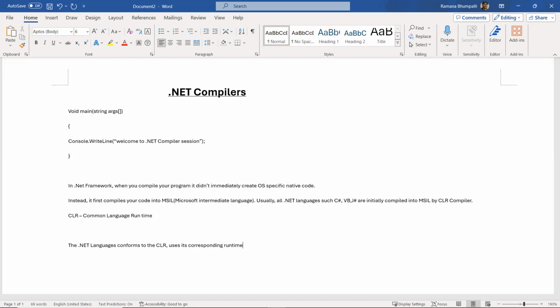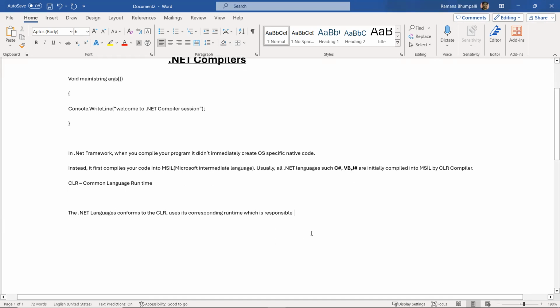Each language has its own runtime and compiler. The .NET language conforms to the CLR, uses its corresponding runtime, which is responsible to run the application on different OSs.